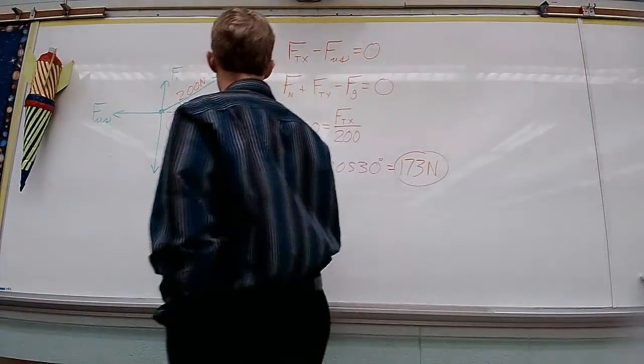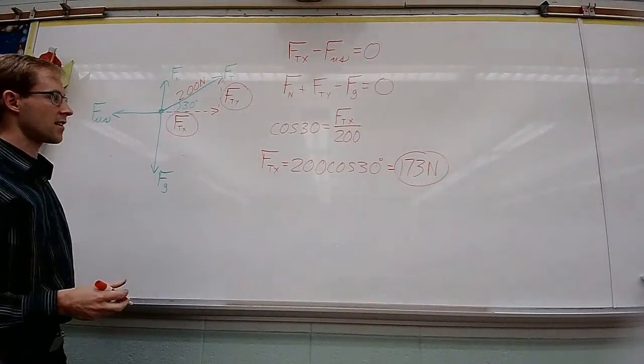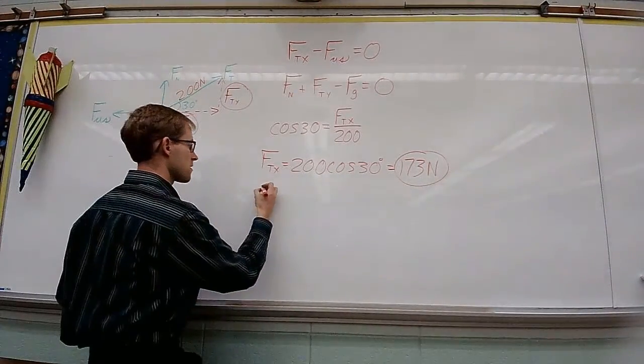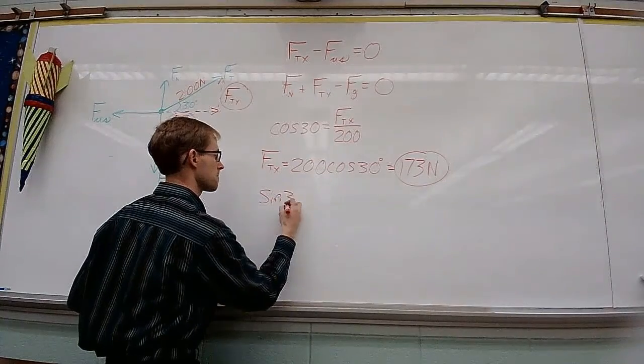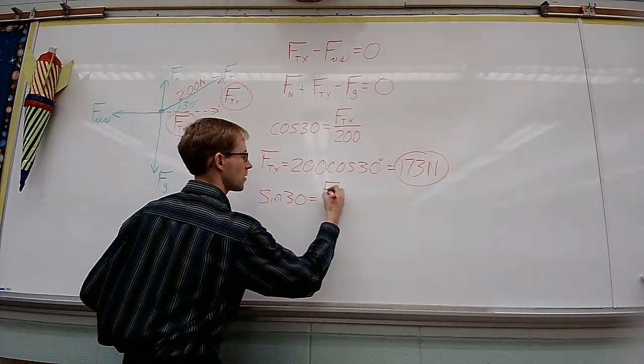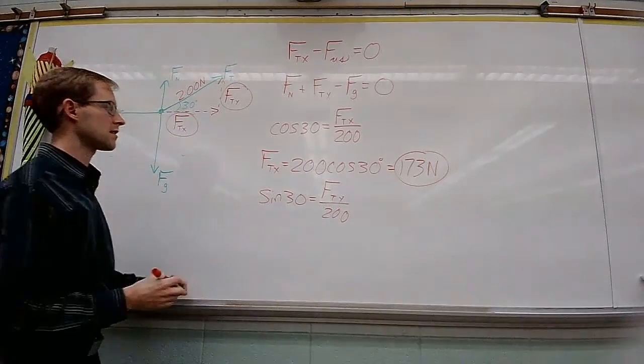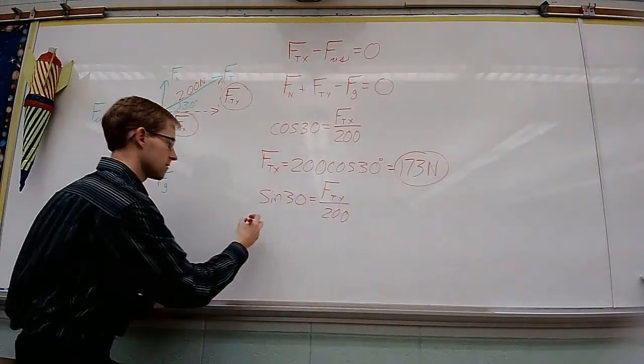In the y direction, this is the opposite side, so that means we got to use sine. So it would be sine of 30 is equal to FTY over 200. And then we get a similar expression to this.